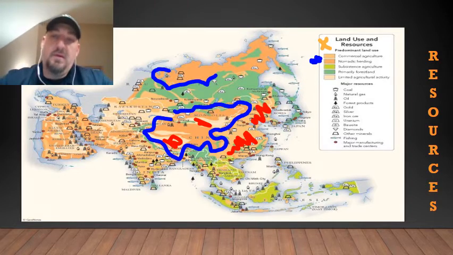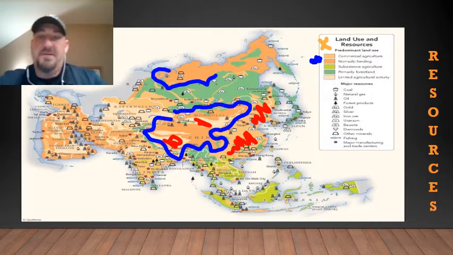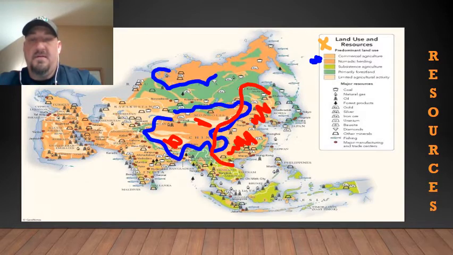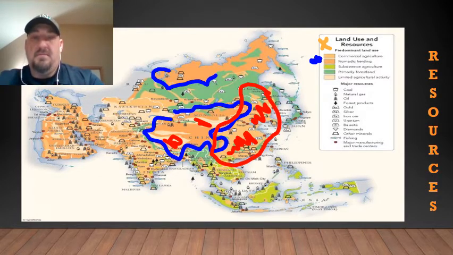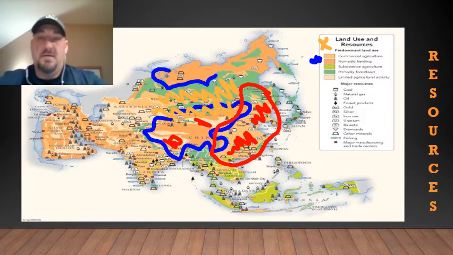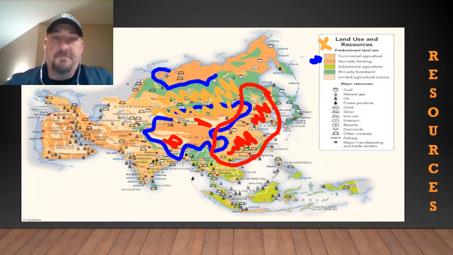So when we think back to the population map, the majority of the people are living here. And remember, not so many people are living through here. So just keep that in the back of your mind.